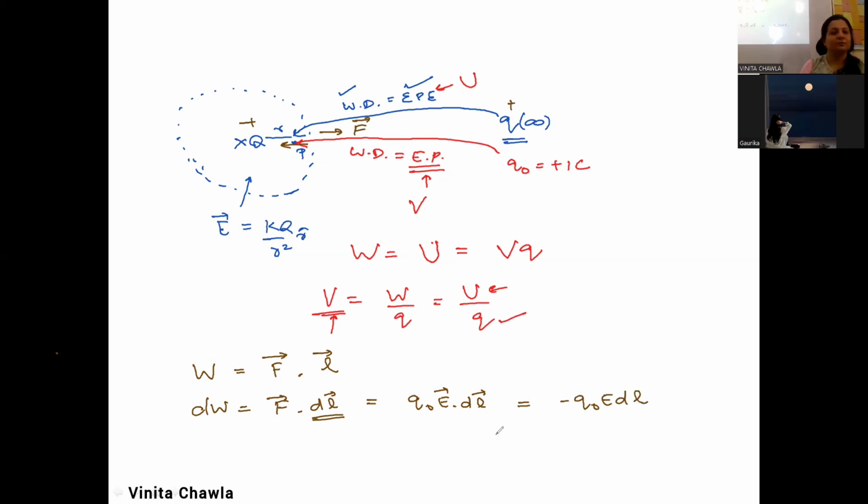Okay, clear? And Q naught is 1 because it is a unit positive charge. So for a unit positive charge, we can write this as minus E dl.